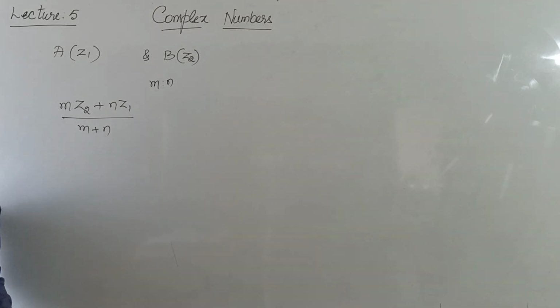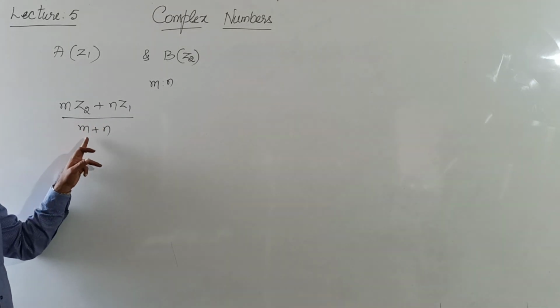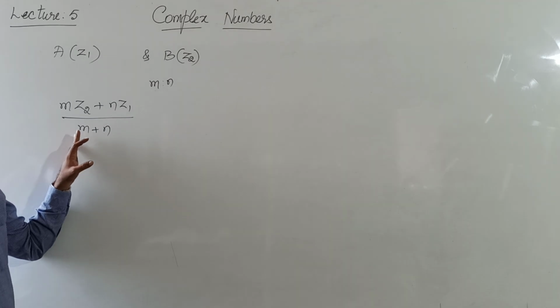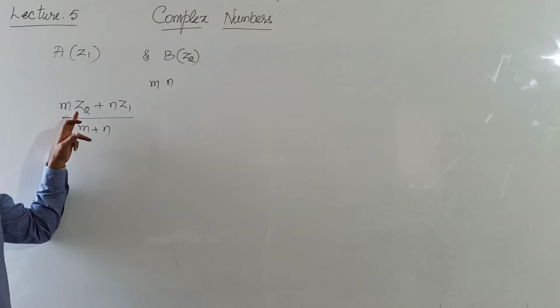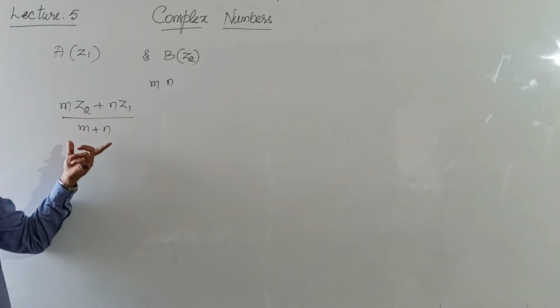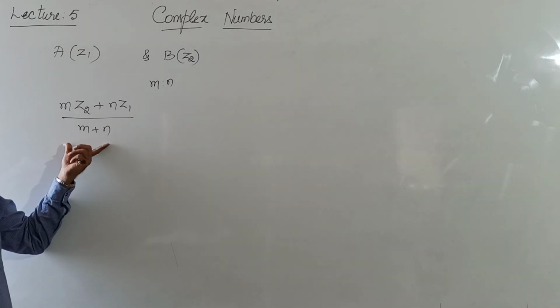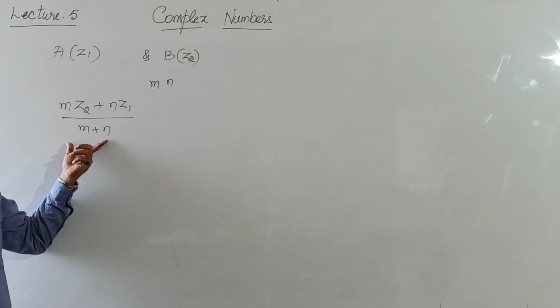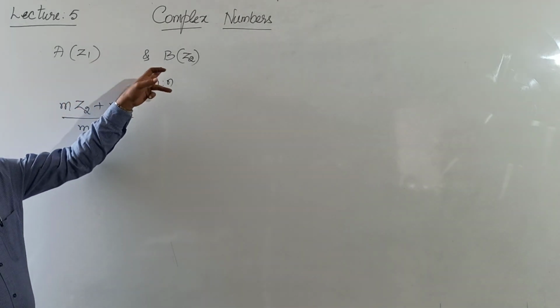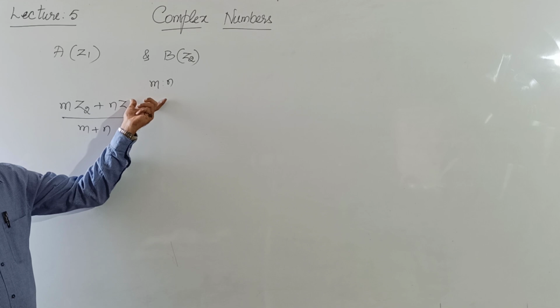Just like the section formula, (mx2 plus nx1) by (m plus n). It's very similar to that. This represents a complex number which divides the line joining A and B internally in the ratio m:n.